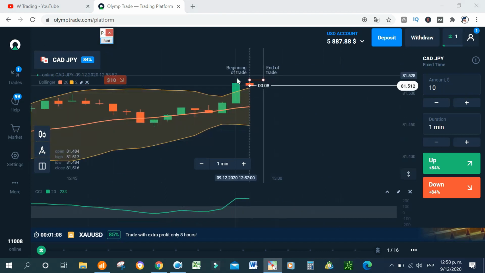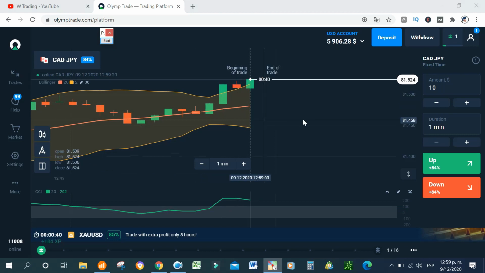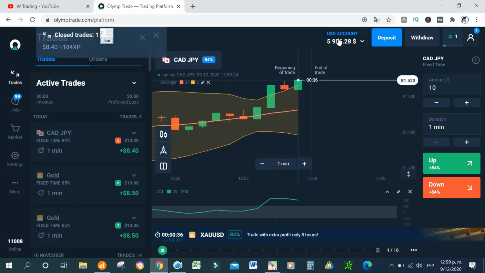And besides the price being in the overbought zone, we have the price far away from the average on the CCI indicator. That means this indicator proves it is also in the overbought zone. As simple as that. We won this trade too, guys. As you saw, we won this trade.